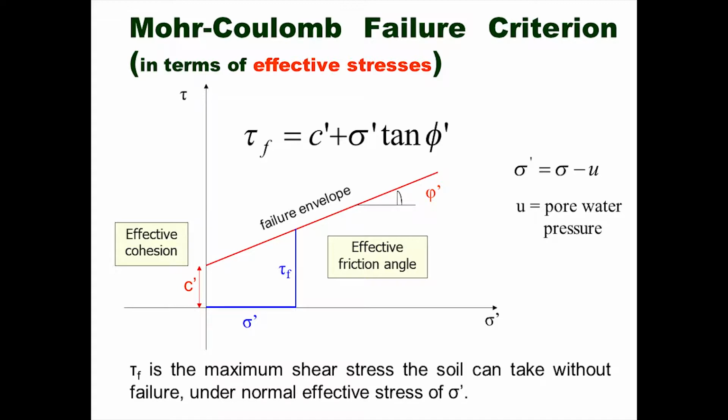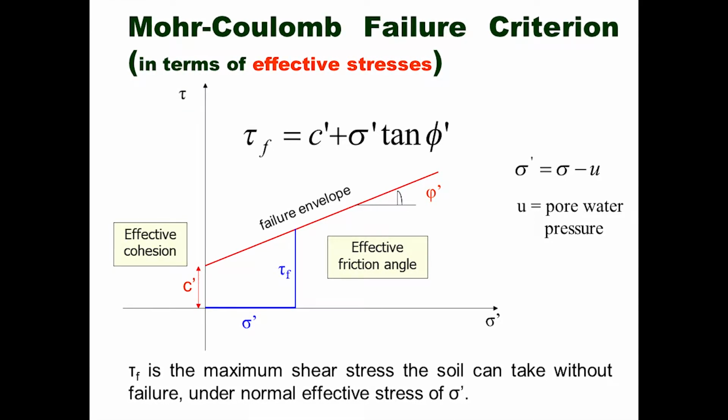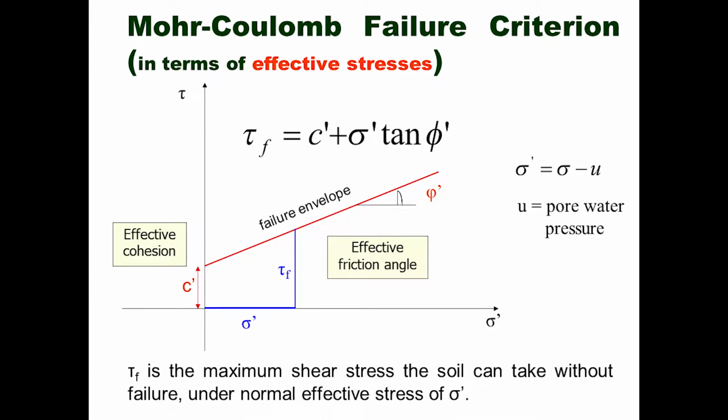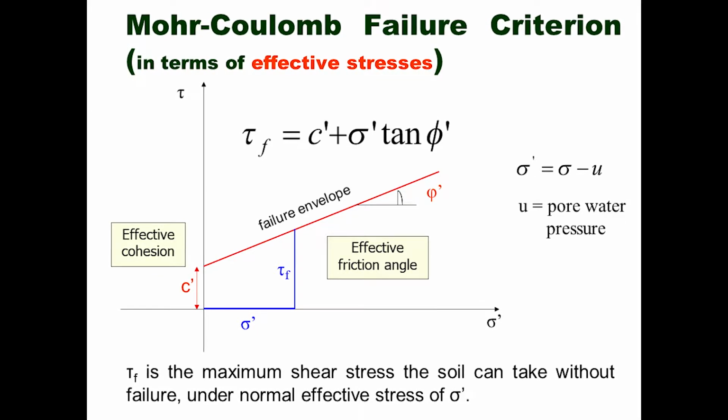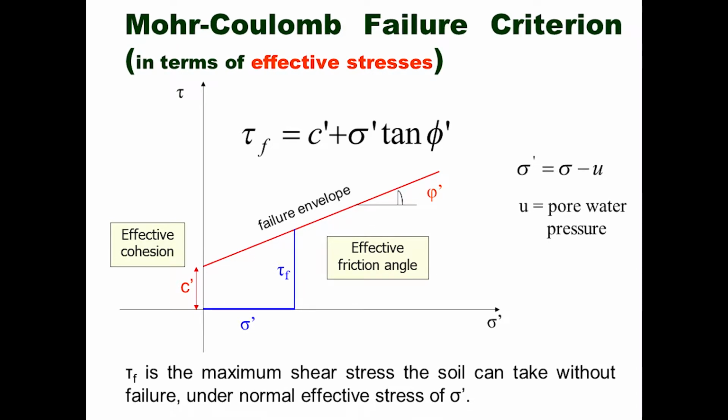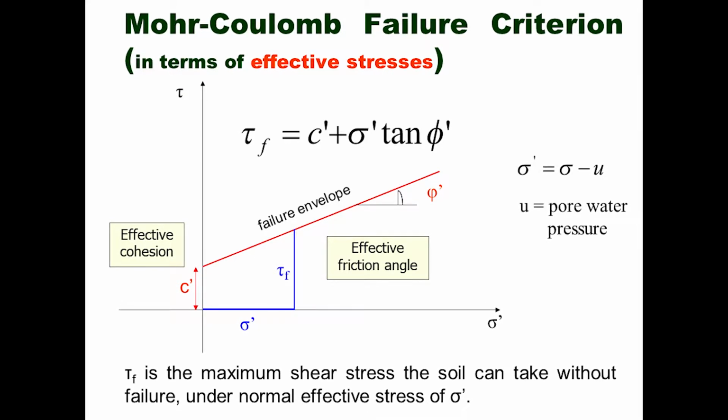Mohr-Coulomb failure criterion in terms of effective stresses. This is also drawn with sigma effective and tau. Tau F, the shear stress at failure, is equal to C dash plus sigma dash tan phi dash.